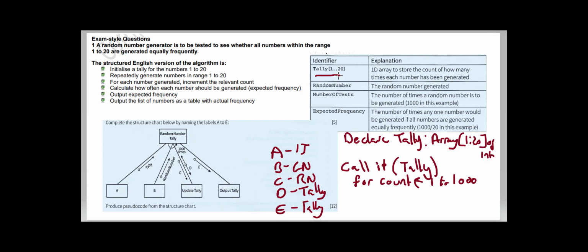What we want to do is run B, which is generate a random number. I just call it GN because it's shorter. So call this.